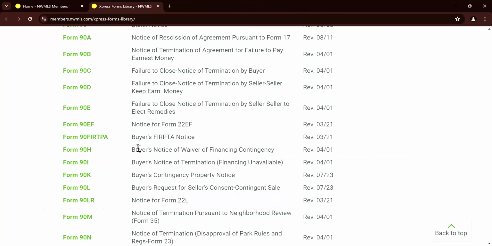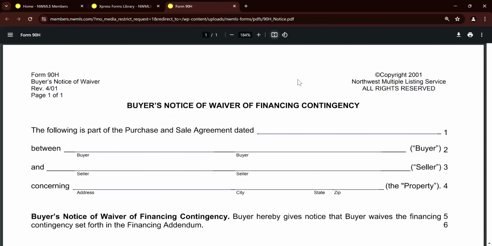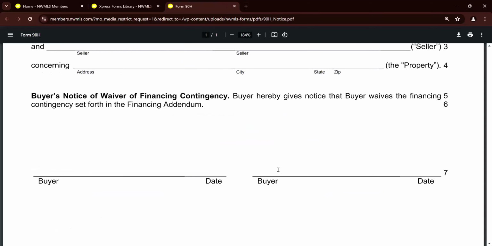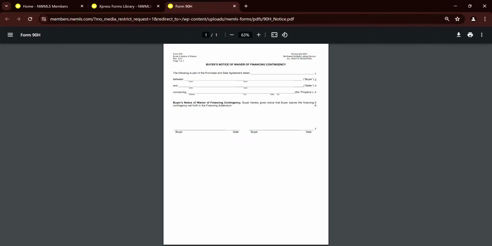All right, time for 90H. Here's buyer's notice of waiver of financing contingency. Buyer hereby gives notice that buyer waives the financing contingency set forth in the financing addendum. So if the buyer wanted to waive the financing contingency, you can go ahead and do that with this form.